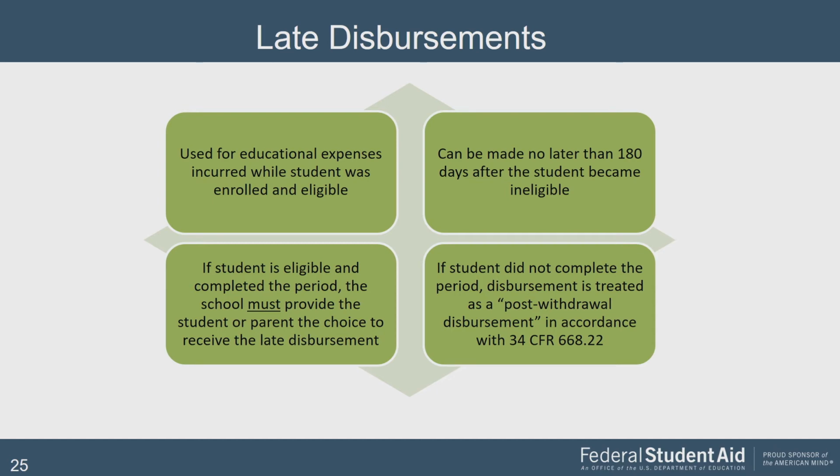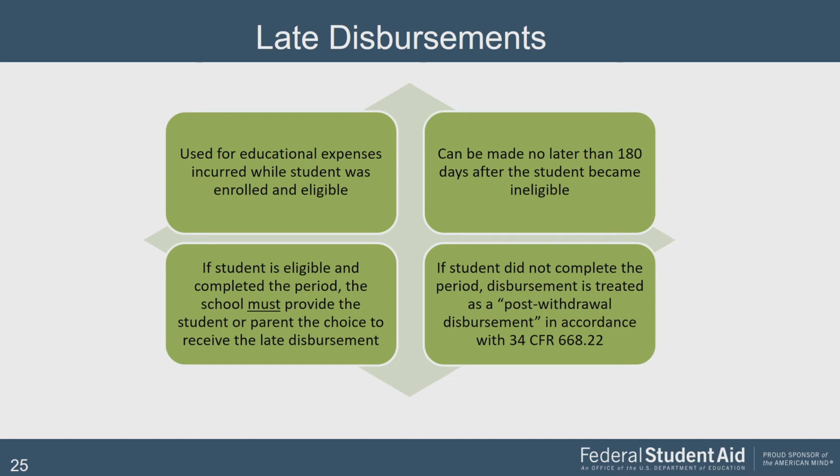Remember I talked about those notices. The notices and authorizations still apply in the case of a late disbursement. So you're still notifying the student or the parent that there is a late disbursement coming in. Do you want this disbursement? You will allow them to reply, or if they do not respond to you, you will automatically make the disbursement. Late disbursements can be made no later than 180 days after that student became ineligible.